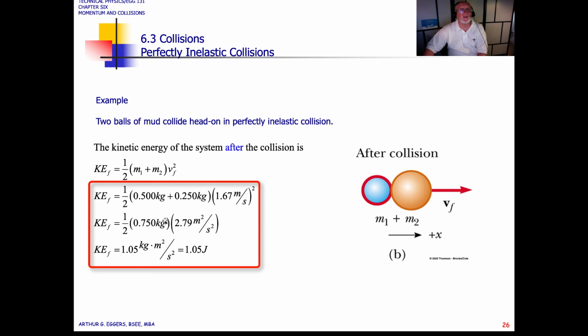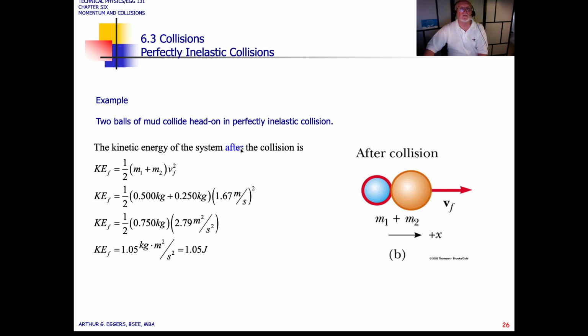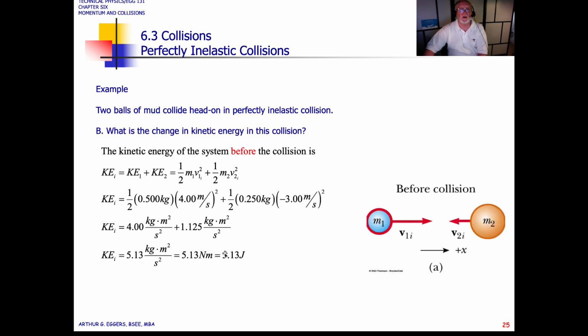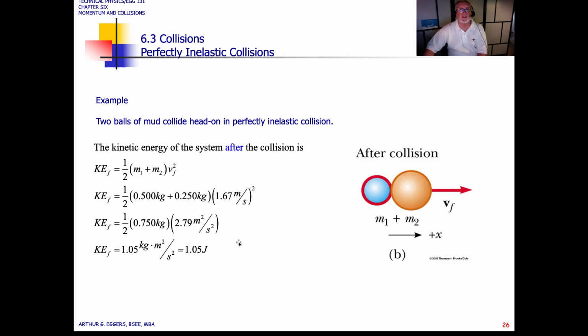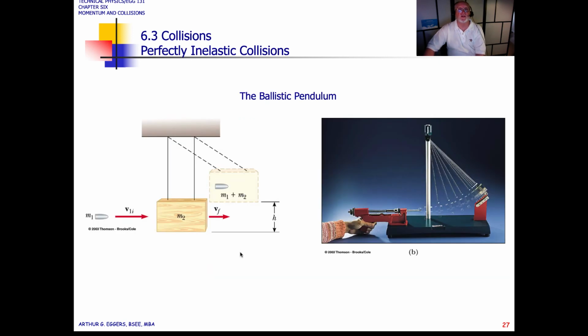When we run these together, we end up with 1.05 kilogram meter squared per second squared, or 1.05 joules of energy after the collision. Over here we had 5.13 joules of energy before the collision. Afterwards, we only had 1.05. So there was no conservation of energy.